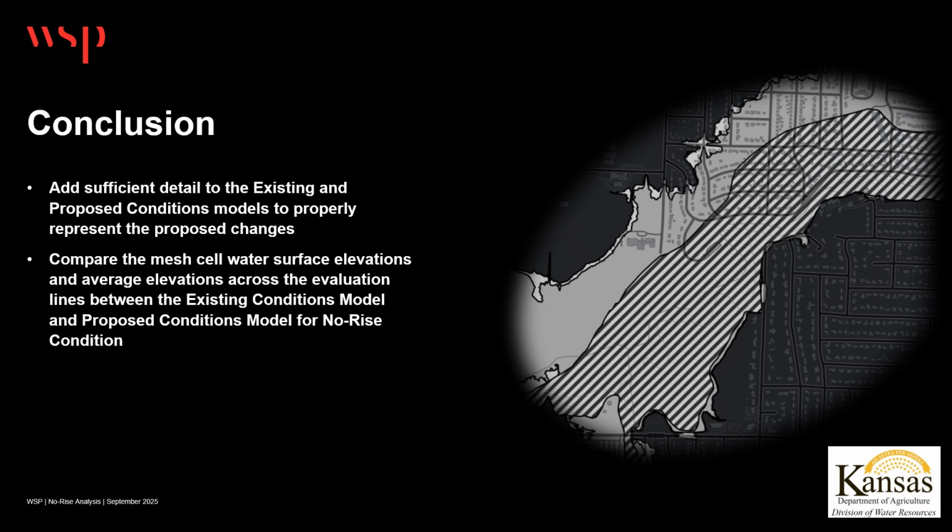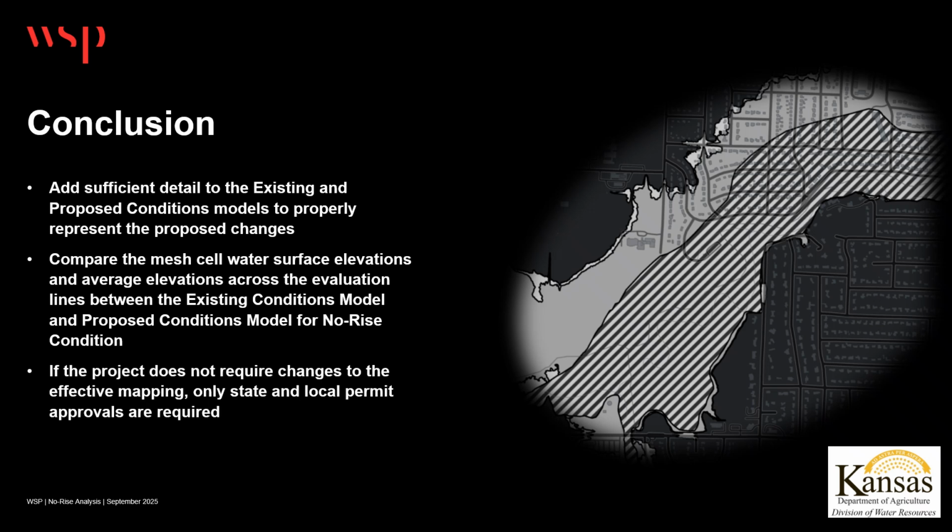And remember that you have to compare the mesh water surface elevations and the average elevations across each evaluation line, between the existing conditions model and the proposed conditions model to meet the no-rise criteria. If your project does not require any changes to the effective mapping, then you only need state and local permits.